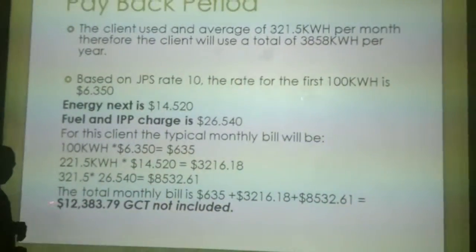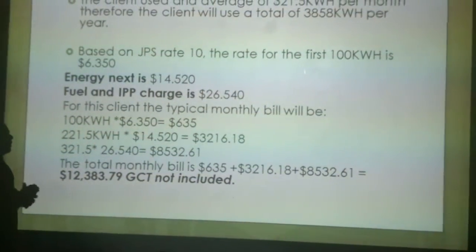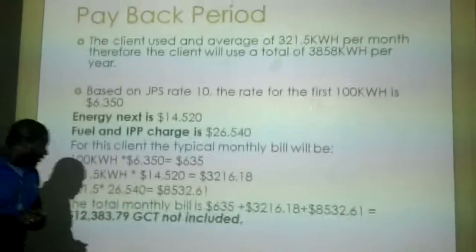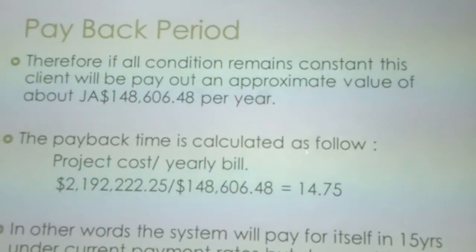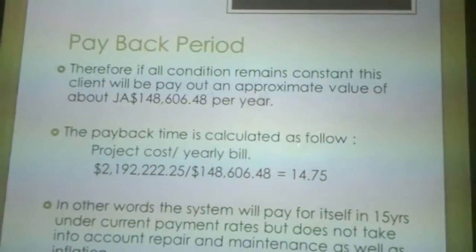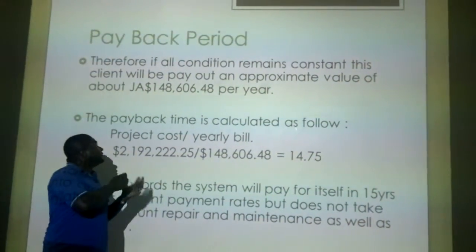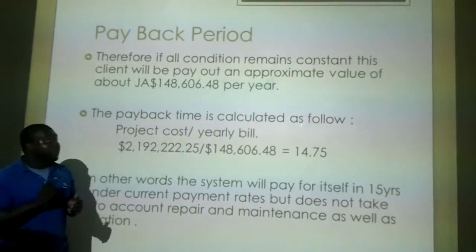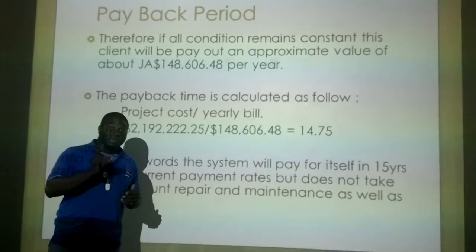So as you can see, this is our monthly calculation at the average kilowatt hours used per month. So now, if conditions remain constant, the client will pay approximately 148,606.48 Jamaican dollars per year. That's our yearly energy bill.